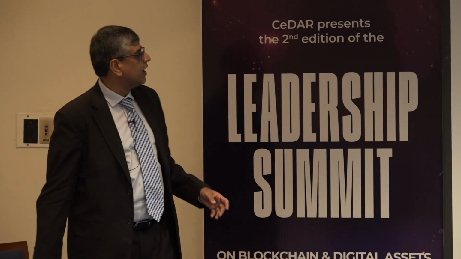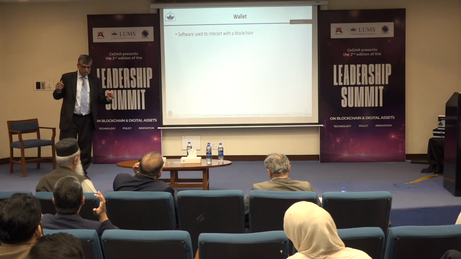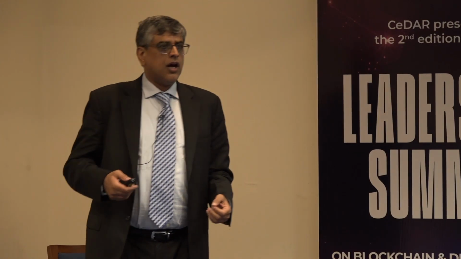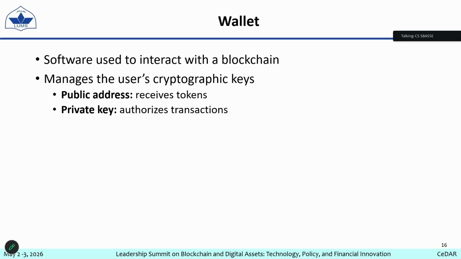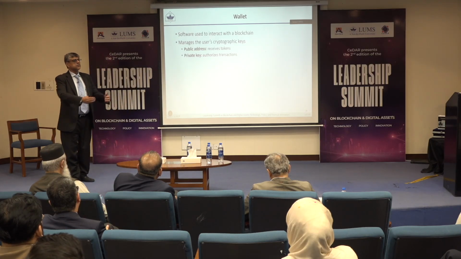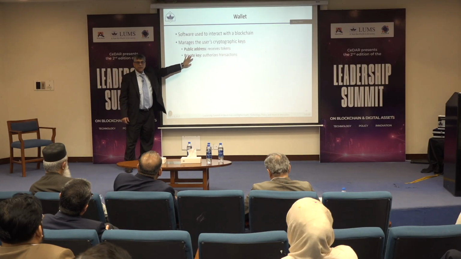MetaMask is a wallet, and I would like to just take a minute to explain what a wallet is. A wallet is software that is used to interact with a blockchain. And it provides three functionalities. One, it manages your cryptographic keys, your public address, which can receive tokens, which could be Bitcoins, Ethers, stable coins, USDC, and so on. And then it manages your private key. That's secret.